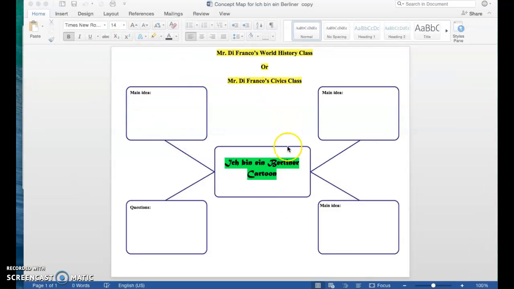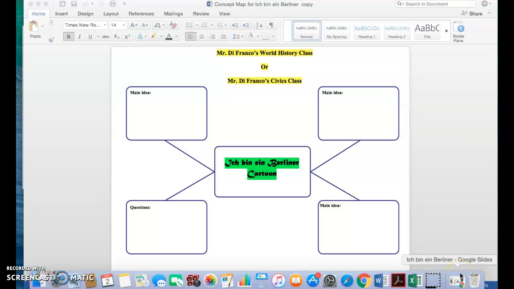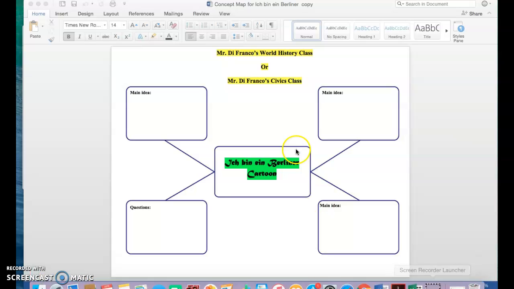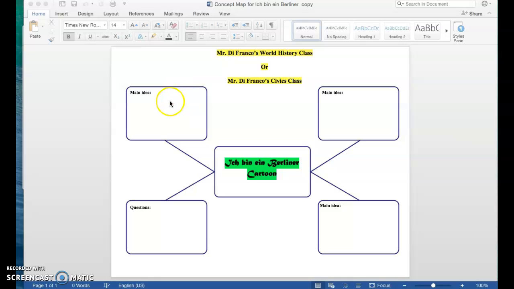Here we see the concept map that you will be filling out while looking at this political cartoon, also our text for today. I would like you to find 3 main ideas from the text, and please write down any questions you have or anything that makes you think, oh, okay, well, maybe why is it not like this or is it like that?